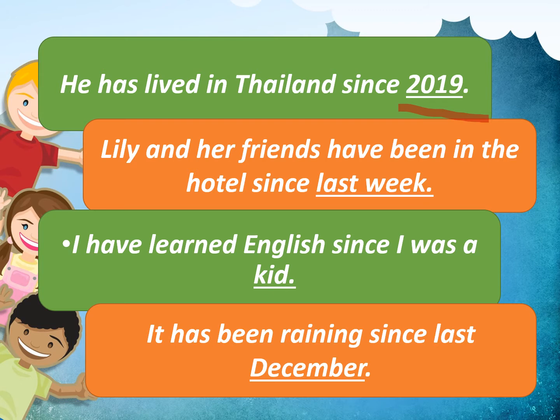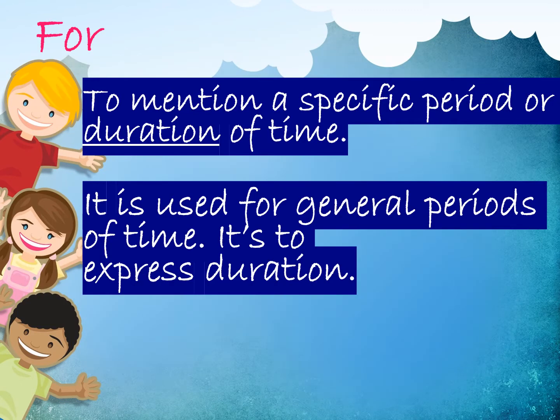We use since for indicating a starting point up until today. Okay? Next, we have the word for. This is to mention a specific period or duration of time. It is used for general periods of time. It is to express duration. What do you mean by duration?